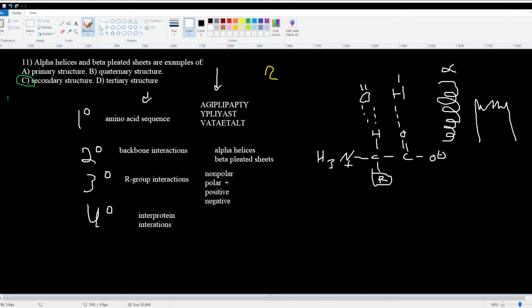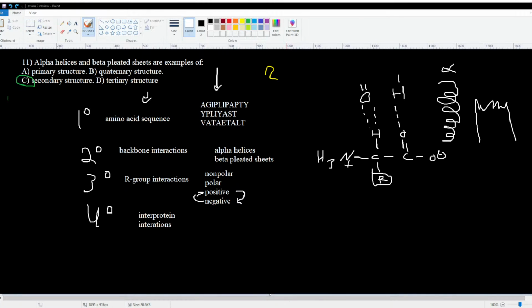It means that polar R groups are going to interact with polar R groups. Non-polar R groups are going to interact with non-polar R groups, like dissolves like, as we said. And then positive is going to be attracted to negative, and vice versa. So when we take all of these into consideration, we can create our protein, right?